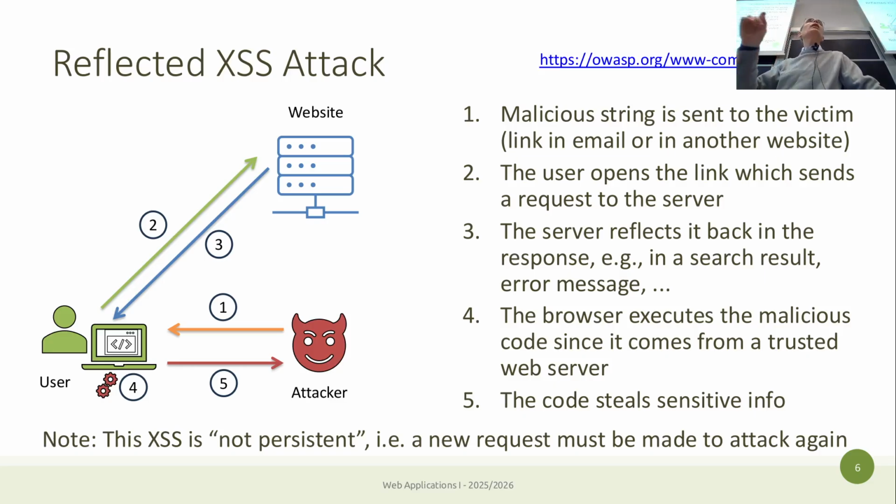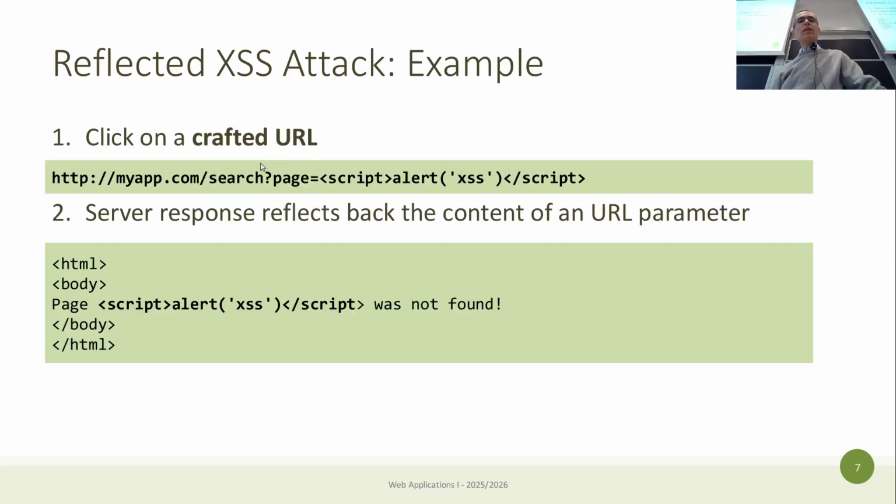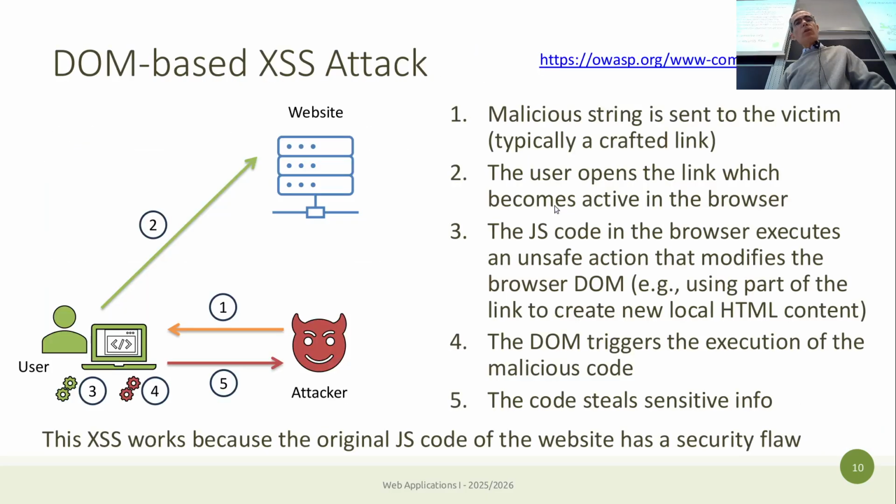So if you don't click again on the malicious link, you're not exposed the second time you access the same API on the server, because maybe you search for something else, it's not a script, and you're not exposed to any other problem. Okay? Okay, good.